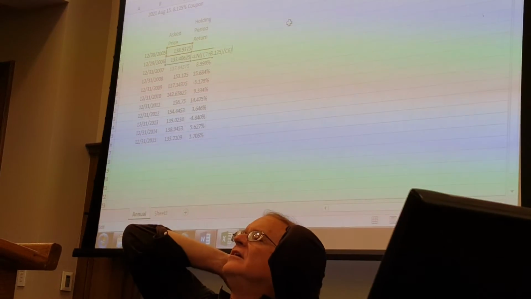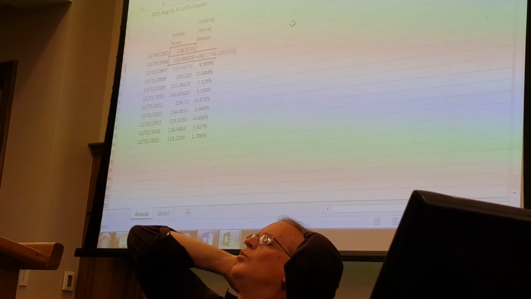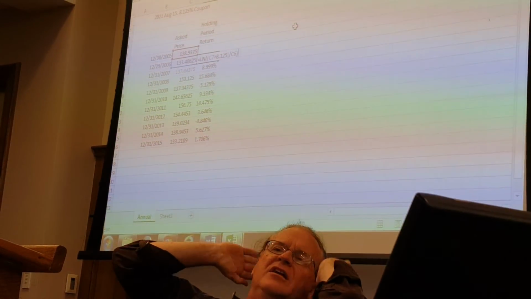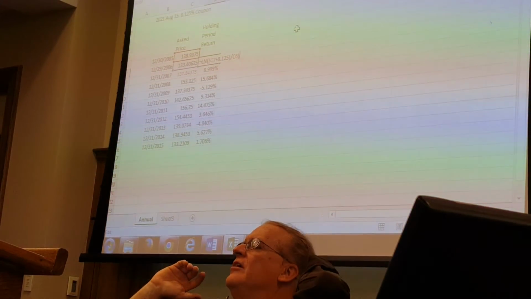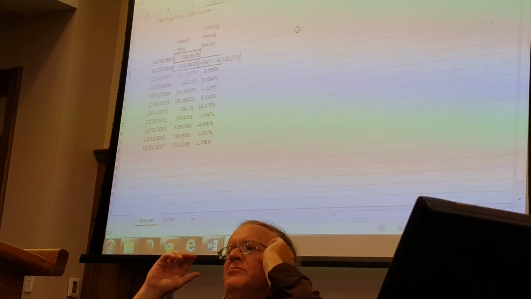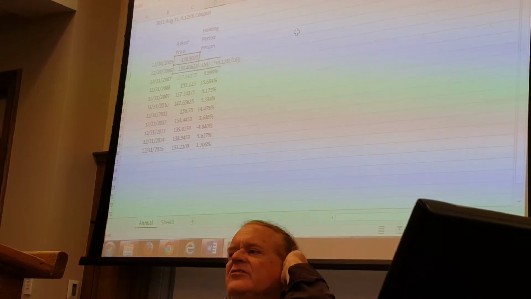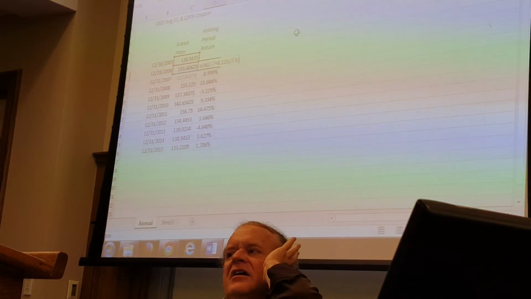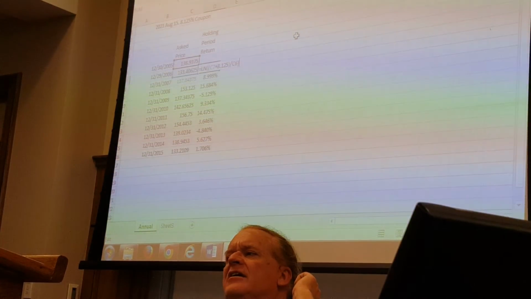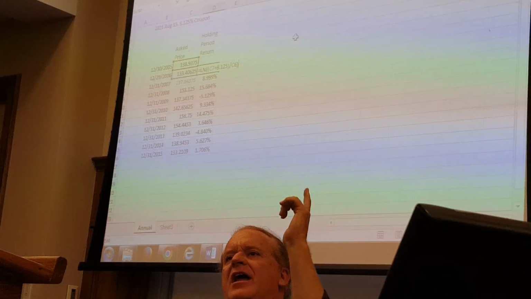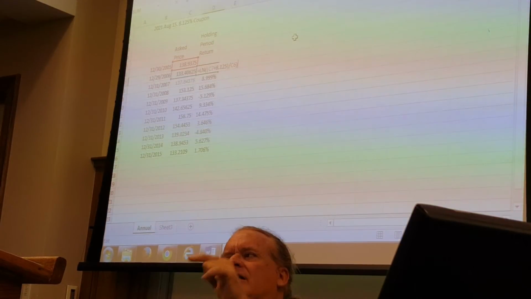I'm kind of making the assumption that the coupon payment was received at the end of the year, which isn't completely realistic, but it'll do for our purposes. So if we assume that we have a $100 face value bond, if you got 8.125% coupon, that means you've got a coupon payment of $8.125.